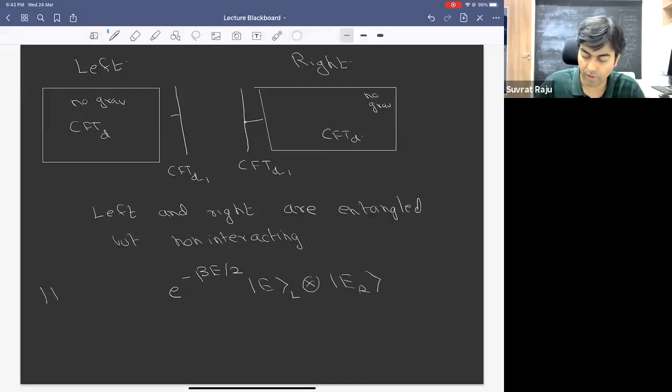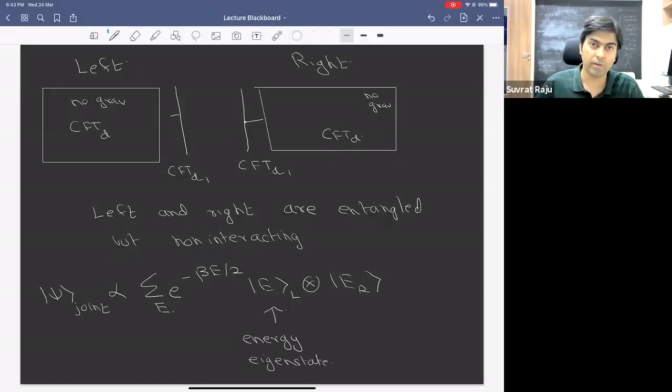So I could write psi, the joint state. The reason I write proportional here is because I need to normalize it with the partition function, which is some trivial normalization. But other than that, we have here a state where both the systems are at some inverse temperature beta. And this E here is an energy eigenstate of the combined system on the left.